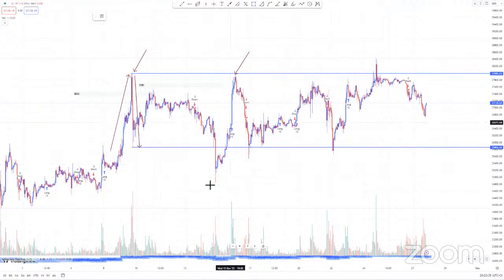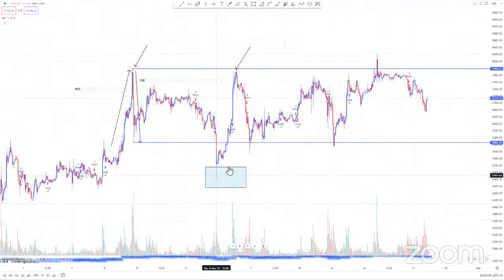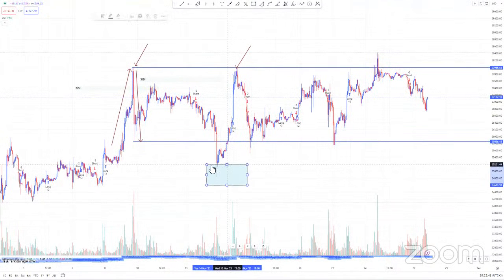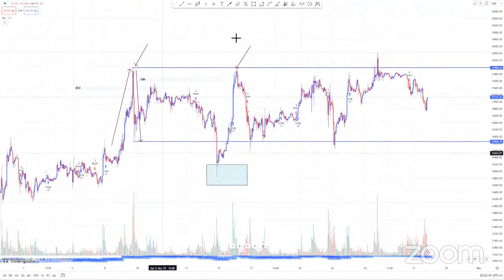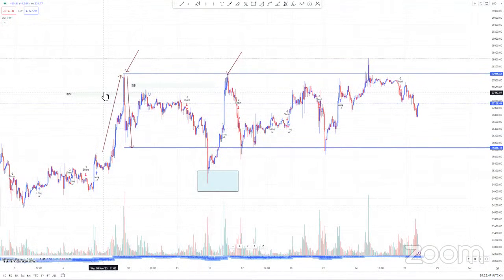But then when it got into this move right here, okay, we saw that there was actually a structure break lower. And that meant that we now had a void filling in the form of a buy side inefficiency.